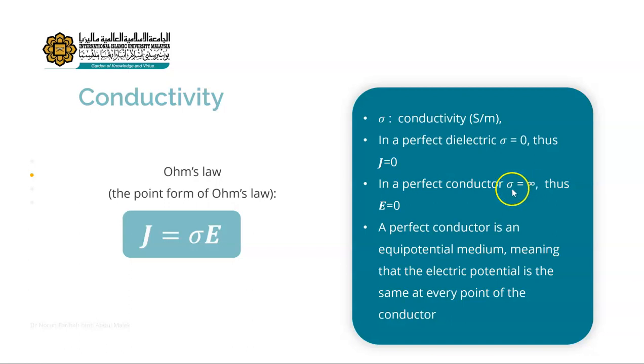When the conductivity is infinity, E is equal to 0. A perfect conductor is an equipotential medium, meaning that the electric potential is the same at every point of the conductor.